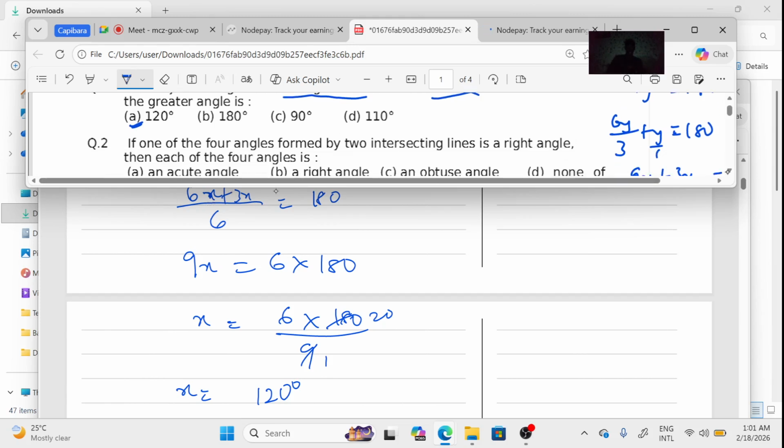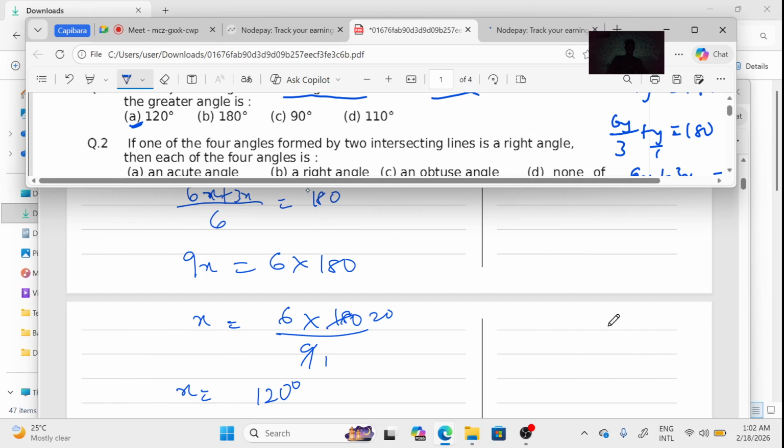So the second question says, if one of the four angles formed by two intercepting lines is a straight line, then each of the four angles is, so what does that mean? I think we did that last week.